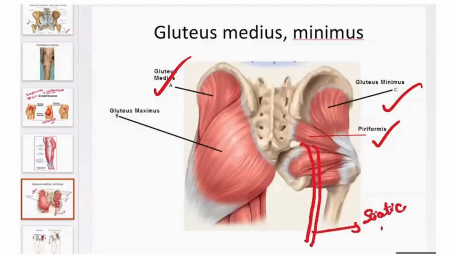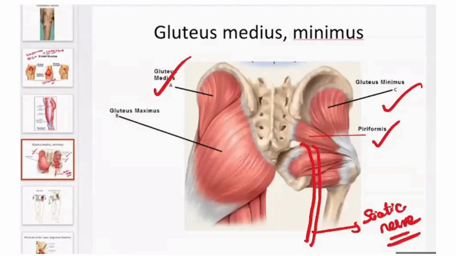It emerges below the lower border of the piriformis muscle. If there is paralysis of the key muscle, all the changes in the blood vessels will arise either above or below. Each region has a key muscle, like the axillary artery is divided into three parts by pectoralis minor.